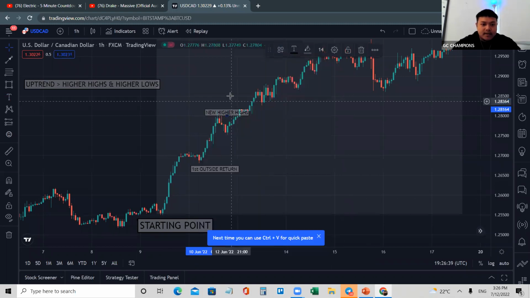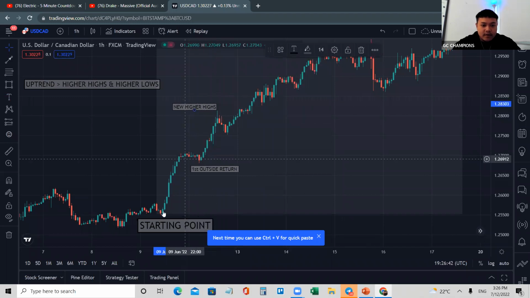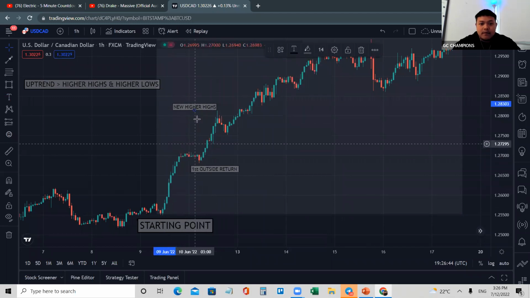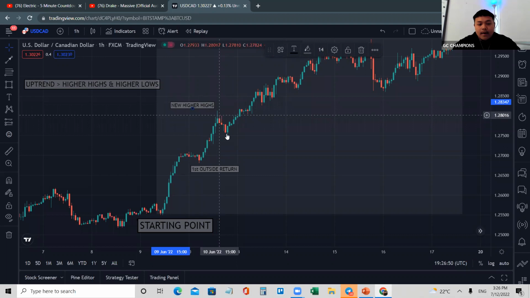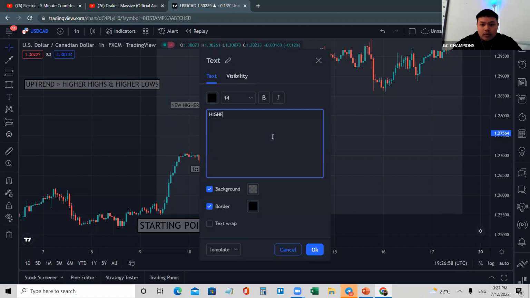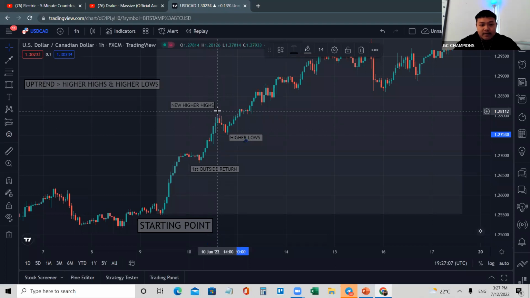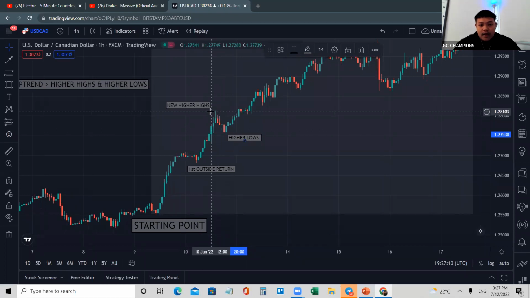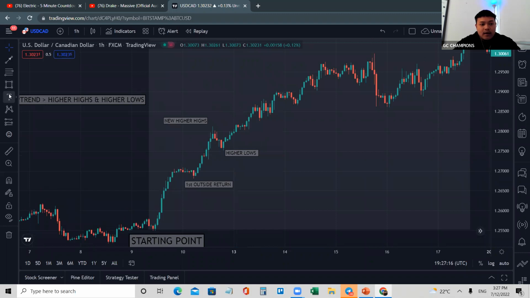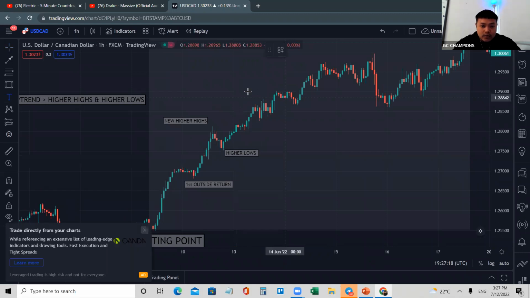Your new higher high, because this one is higher than the first one made from the outside return. After taking that new higher high, it bounced down again, making another outside return. Now that becomes your higher low. Then, after breaking that specific area, the highest wick up to here, you see that line, it broke it and made another high. So you steadily get new higher highs and new higher lows.